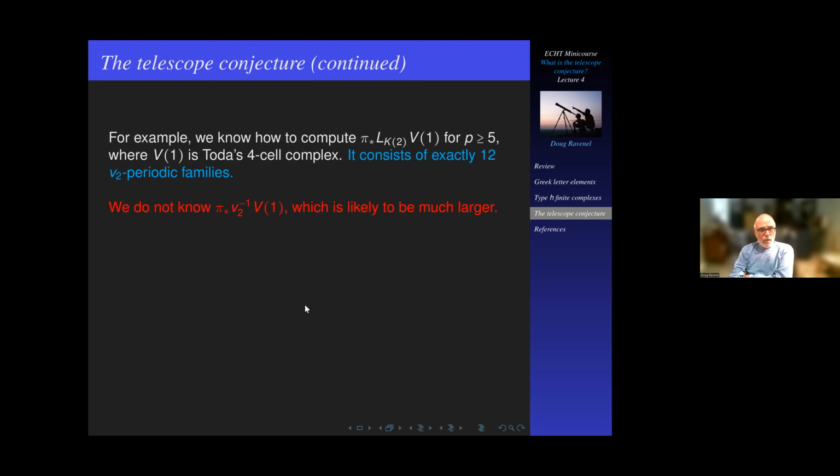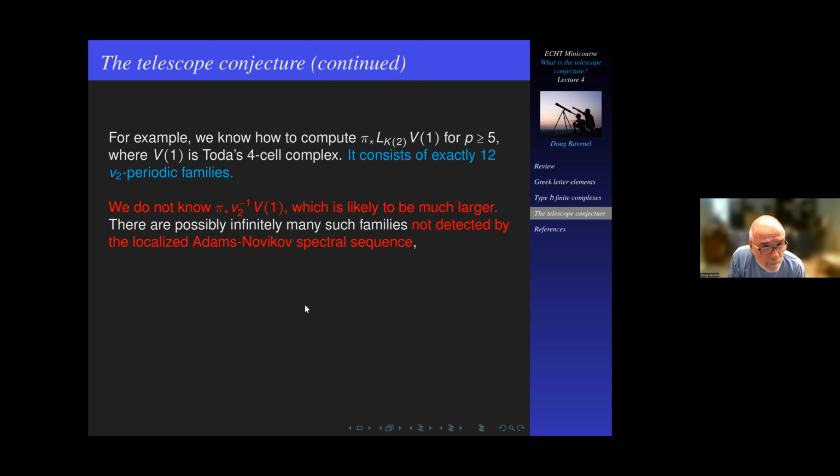Now, we don't know how to calculate the homotopy groups of the telescope. And it's likely that those homotopy groups have much more than 12 periodic families. In fact, my guess is that there's infinitely many periodic families in this thing. So there may be infinitely many periodic families that are not detected by the localized Adams-Novikov spectral sequence.